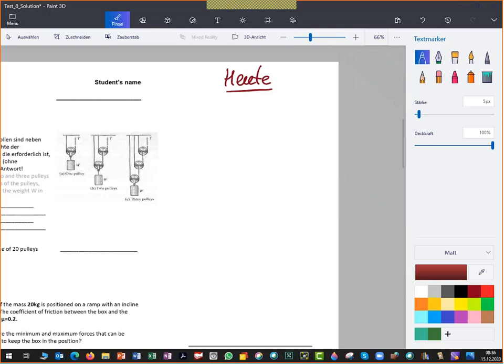Let me announce the plan for today. First, we will talk more or less in detail about your homework solutions, so your test 8 solutions. Today's theory is rather easy, but still important.